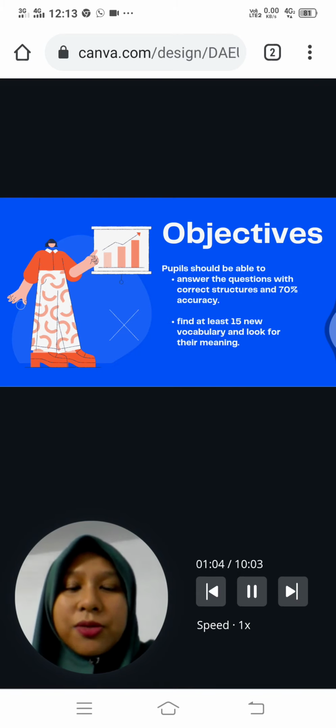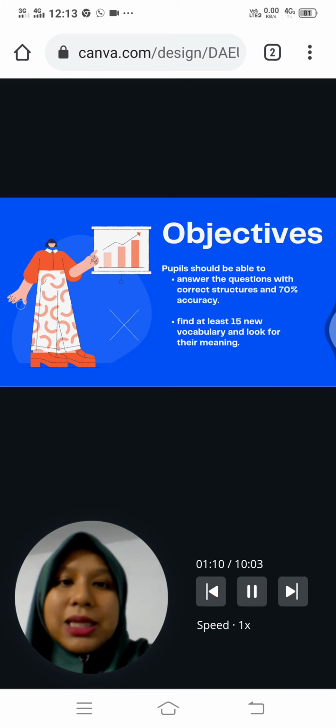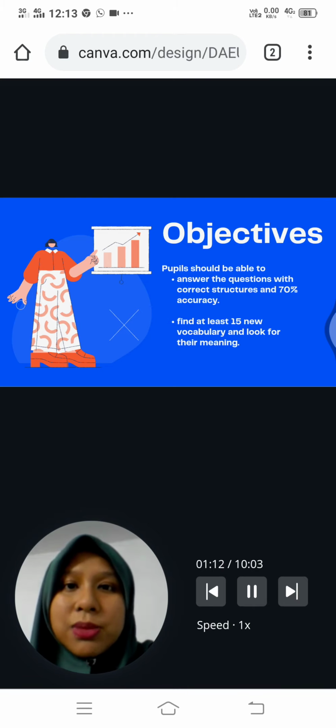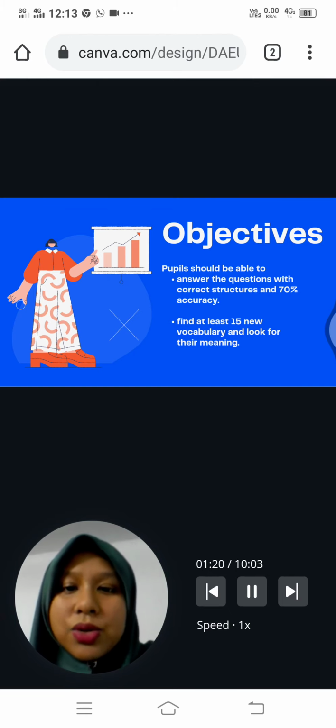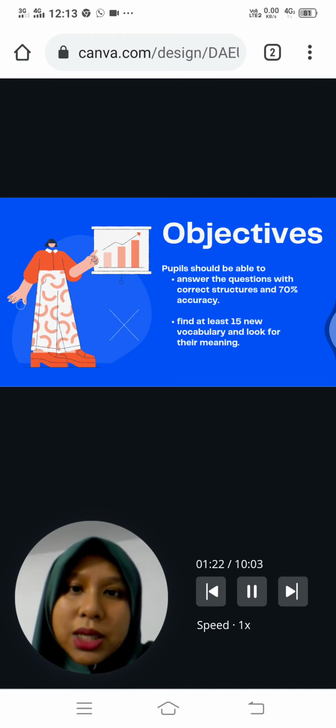The second one is you should be able to find at least 15 new vocabulary. At least means paling kurang. If you get more than 15, it is better. And then you look for their meaning in the dictionary.